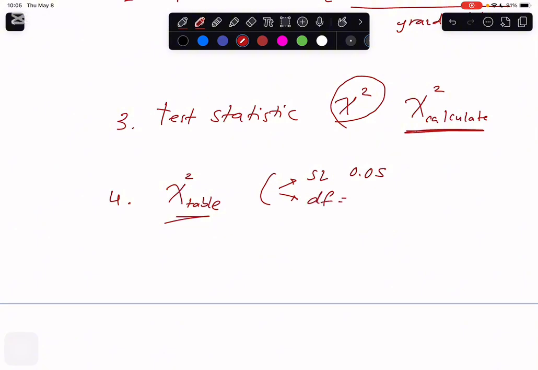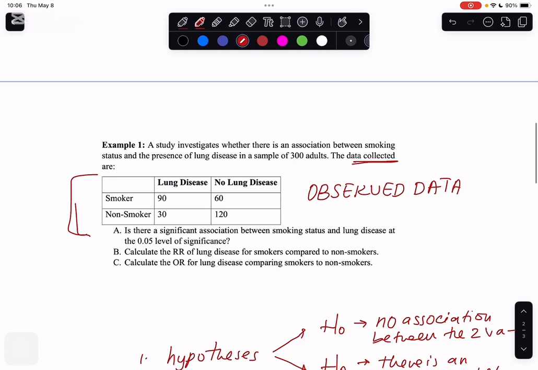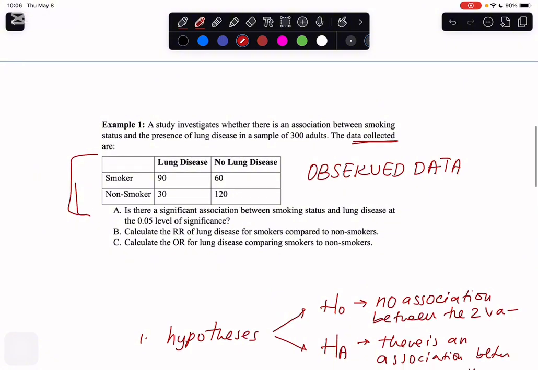How do you calculate the degree of freedom in these types of questions? We're not gonna use n-1. هني we don't have number of samples. We just have the total. We have 90, we have 60, we have 30, we have 20. We don't have how many individuals each.